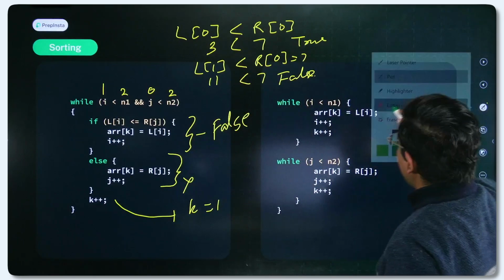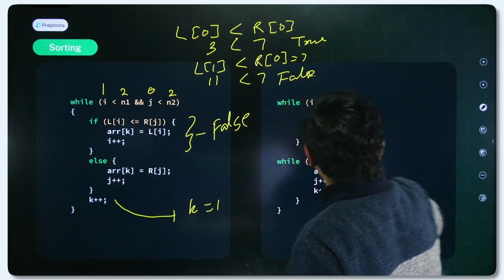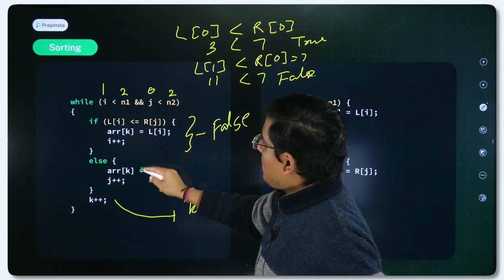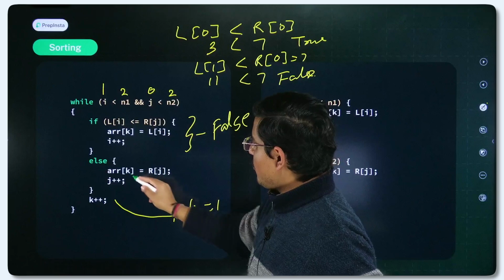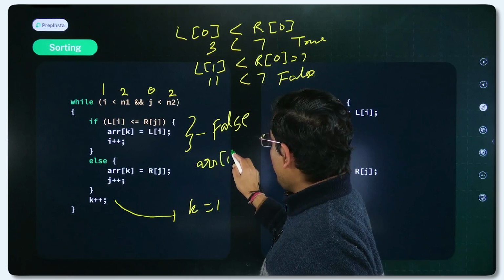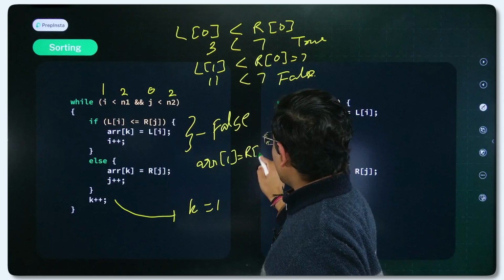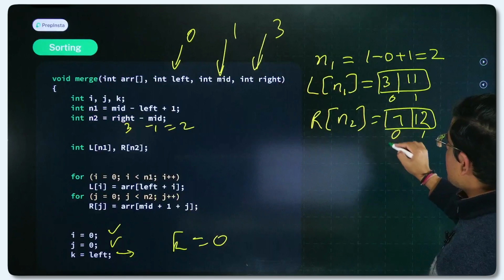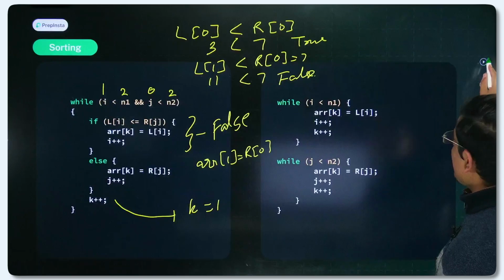And this time, this particular else will get executed, and basically, array of 1, because k was 1 now. So array of 1 is equal to R of 0. R of 0, if you see, is nothing but 7 here. This is R of 0.